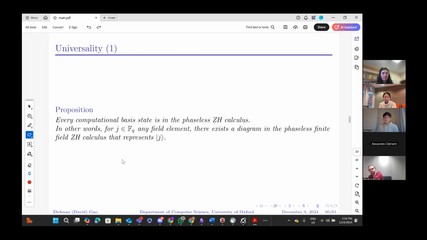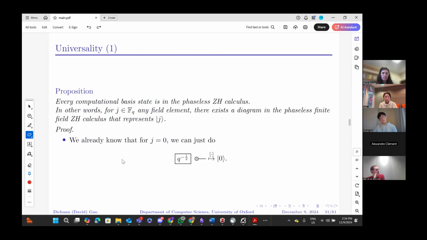And that is not as obvious in this case as in the case of, for example, Neal's calculus. Because in our case, if you start with the computational basis element corresponding to 0, and you keep adding 1 to it, you only get the first P elements in FQ, because FQ is characteristic P. So we need a better way to get all the basis elements, and luckily we do have that.